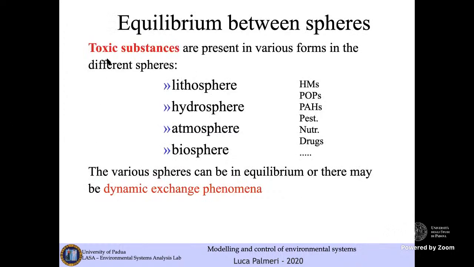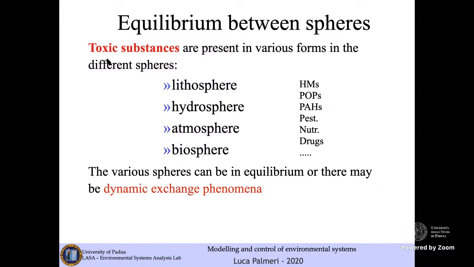So let's now go to the very core of the subject of this lecture. Let's talk about a topic that I call the equilibrium between spheres. We said that toxic substances are present in various forms in the different spheres: the lithosphere, hydrosphere, atmosphere, biosphere.